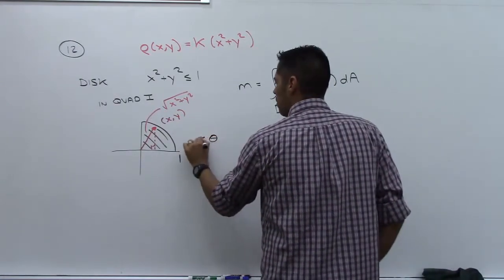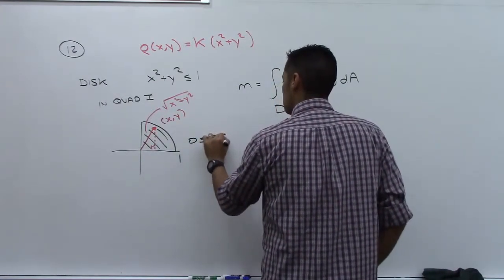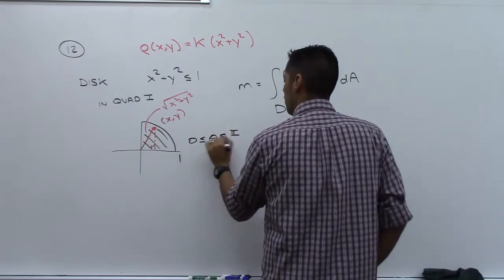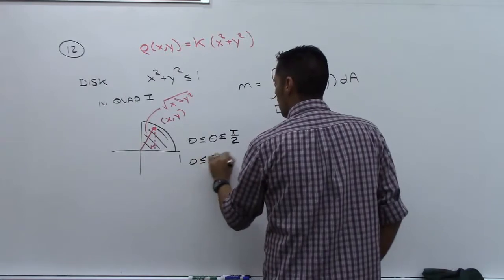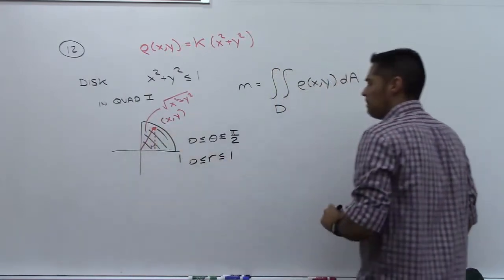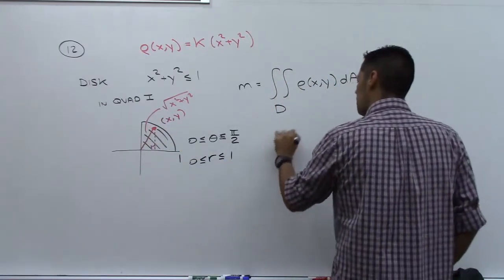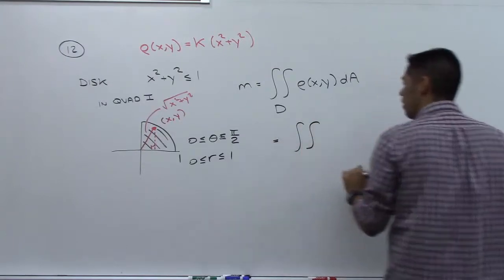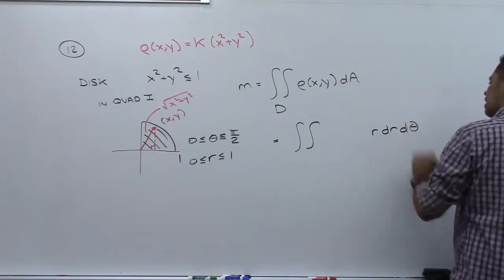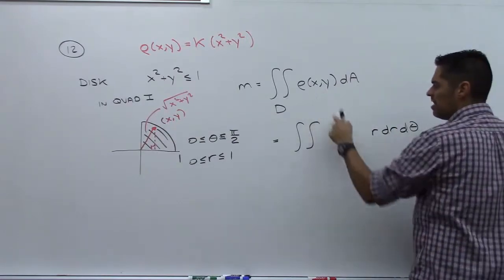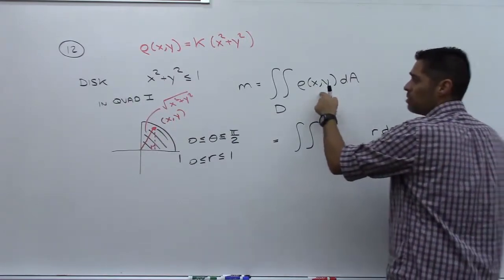If I let theta go between 0 and pi over 2, and I let r range from 0 to 1, I should draw that region, which means my mass integral is going to get converted to a polar integral, which means it's going to become r d theta.